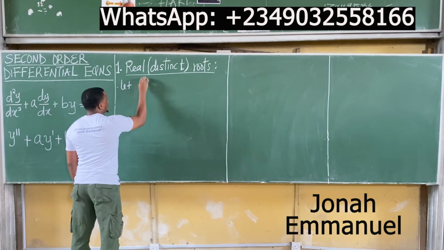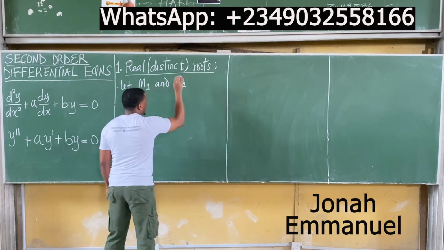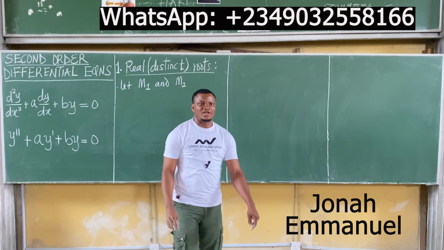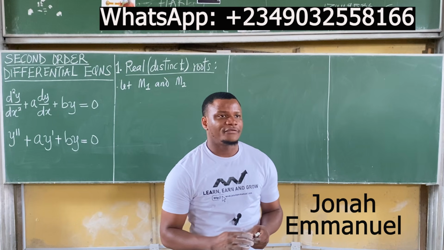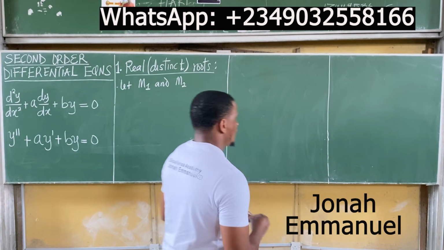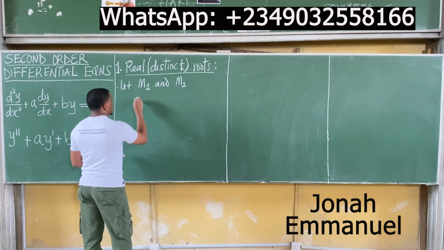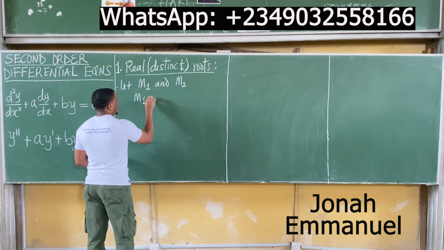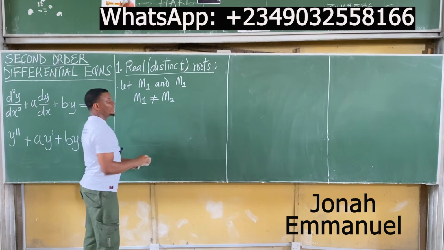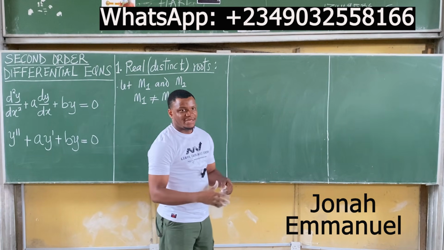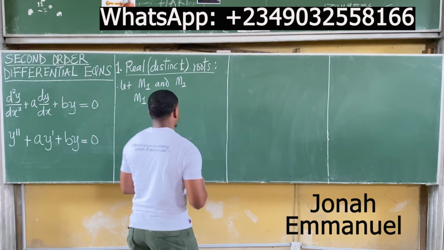Let m1 and m2 be the roots of a quadratic equation. For them to be real or distinct, they should not be the same. In other words, m1 is not equal to m2. So m1 could be 3, m2 is 7.